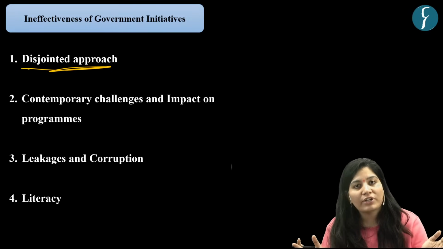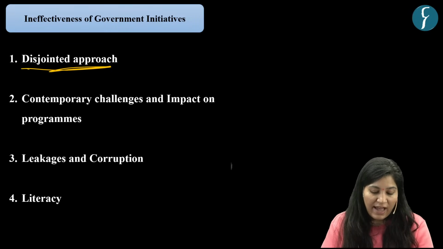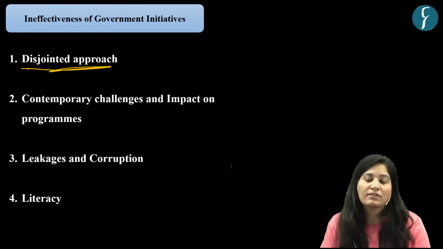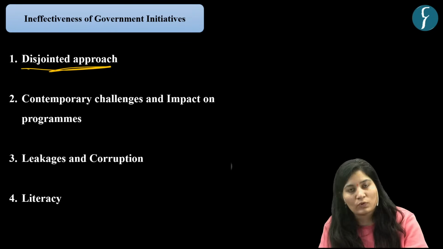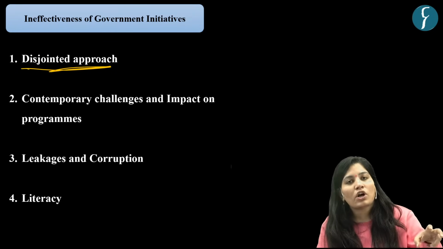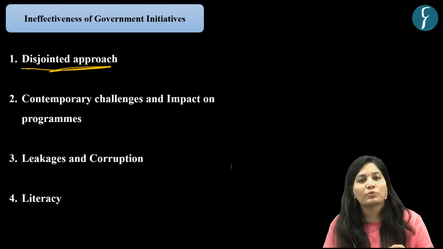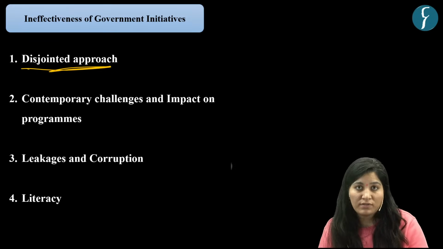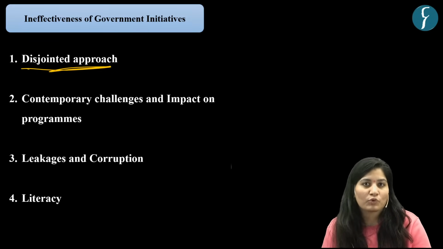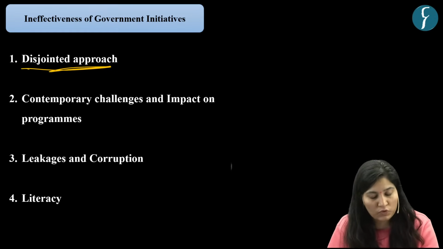Coherent and collaborative approach. Yes. And what we have seen is that our major poverty alleviation programs work in silos. So there is no common system, or no systematic approach on who is poor, why they are so, and what should be done to pull them out. There is no target-based approach. Got it? And that first issue is the disjointed approach.